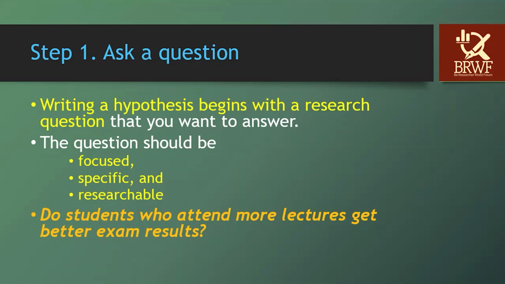Now we are going to do another research, and we are claiming that our research question is which method is more effective in teaching, online or offline, online or face-to-face. This is the research question. Then I am again asking, do students who attend more lectures get better exam results? This is a direct research question.